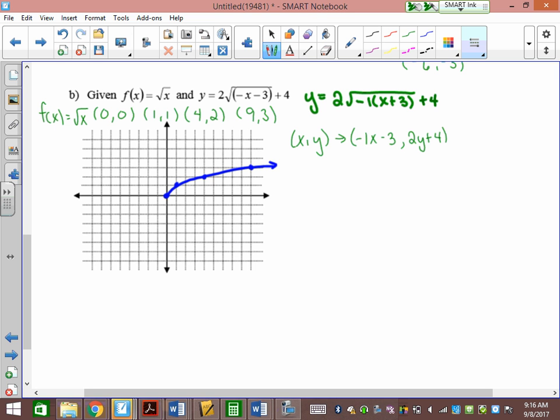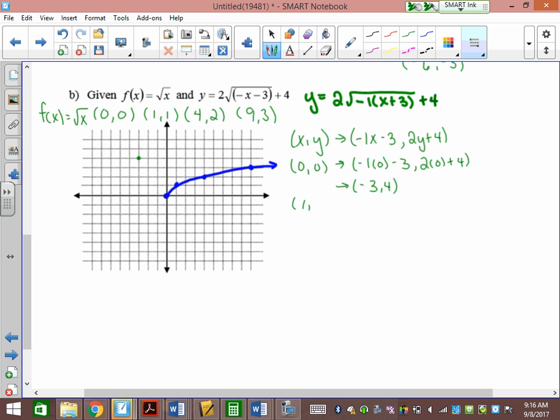Plug in our points. So 0, 0. -1 times 0 minus 3. 2 times 0 plus 4. So you're going to get -3 and 4. Which makes sense because the shifts and the reflections don't affect 0, 0, right? Just the translation.